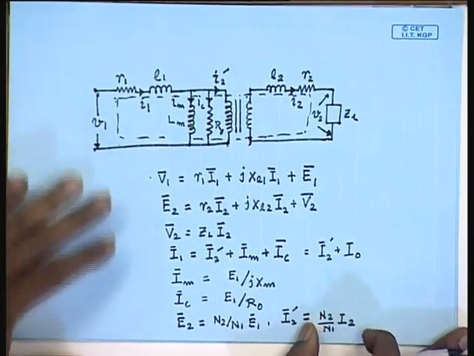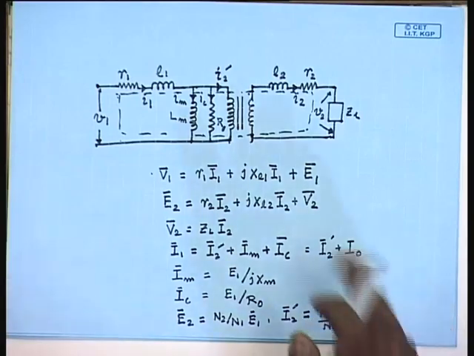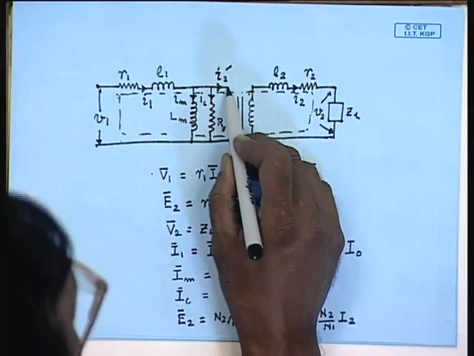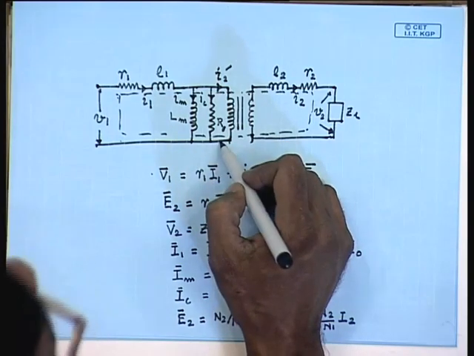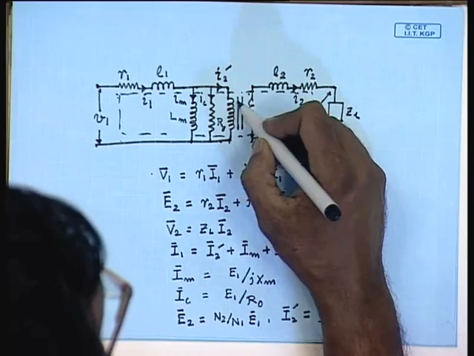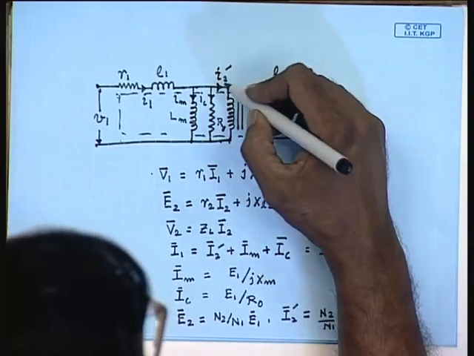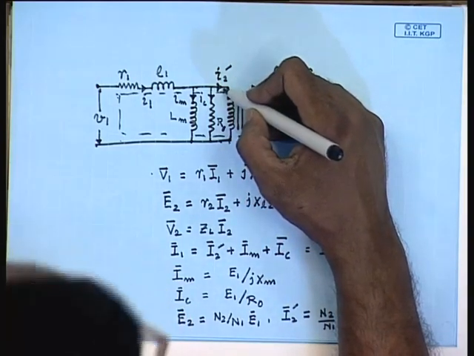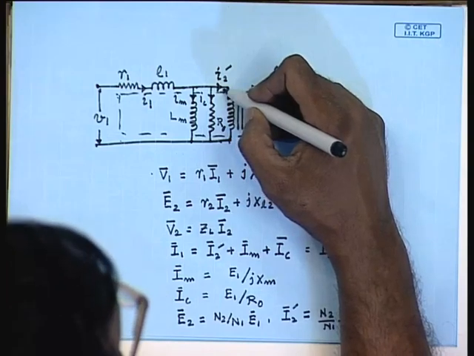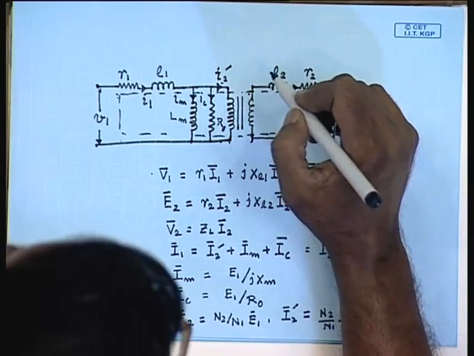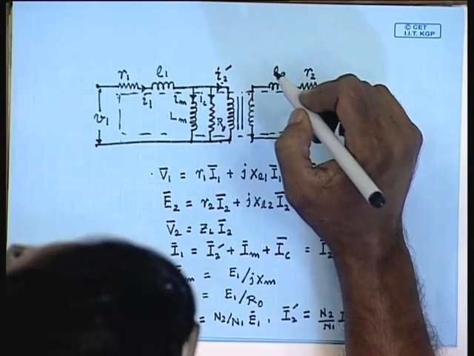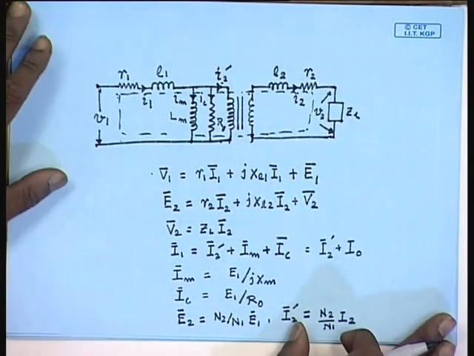By referring, we mean we connect an equivalent circuit across the terminals of the ideal transformer, so that the current drawn by the equivalent circuit is the same I2 dash as is drawn by the ideal transformer. Let us see what that circuit should be.